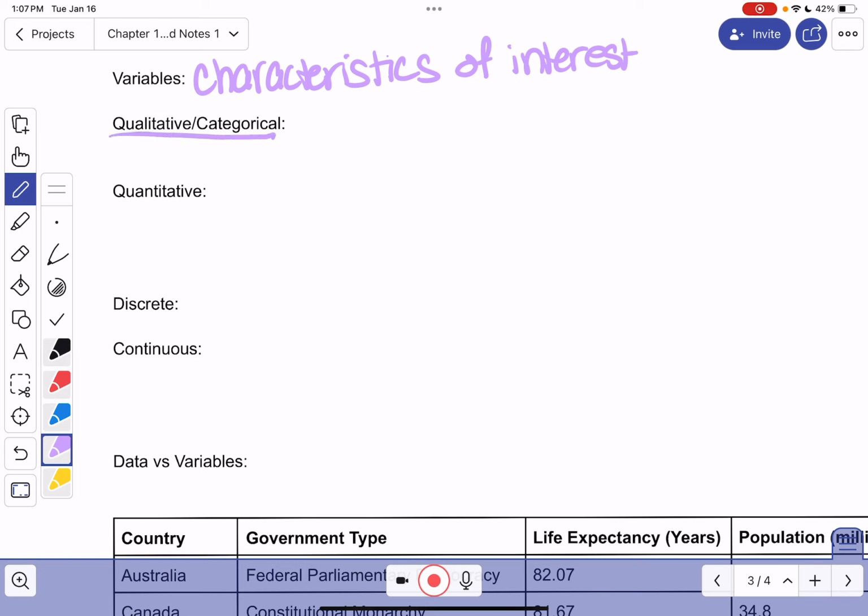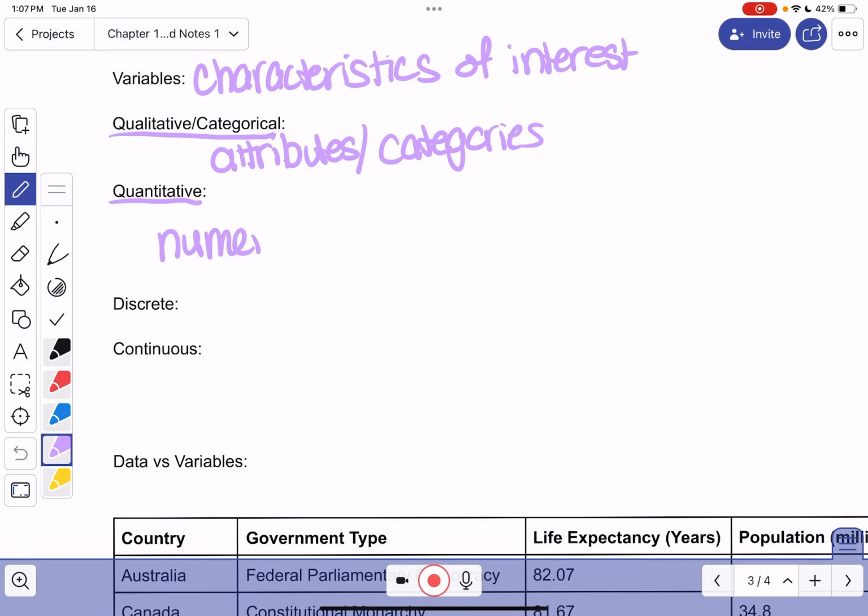Qualitative or categorical are attributes or categories, versus quantitative, which are numerical. So if I ask you your favorite color, that's going to be qualitative. If I ask you what grade you got on a test, that's numerical, so it's quantitative.